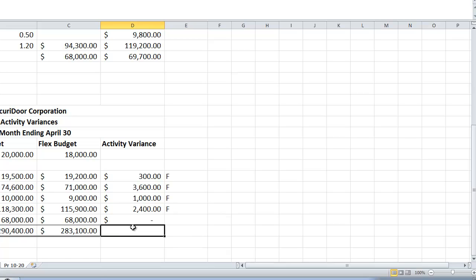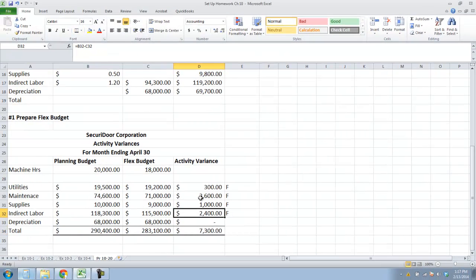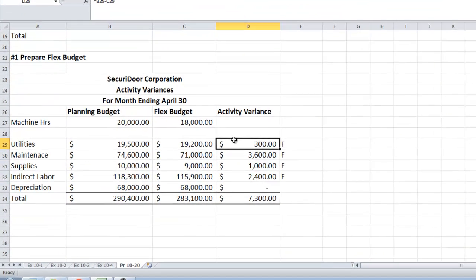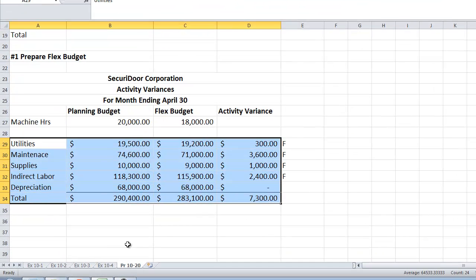This is break even. Well, we had favorable variances based on activity because we produced less, correct? So the activity variances are all favorable because there was less than the planned activity. Therefore, variable cost should be lower than the original budget.